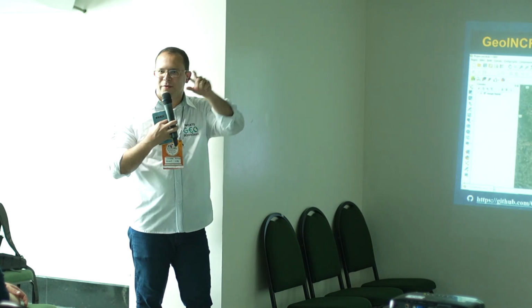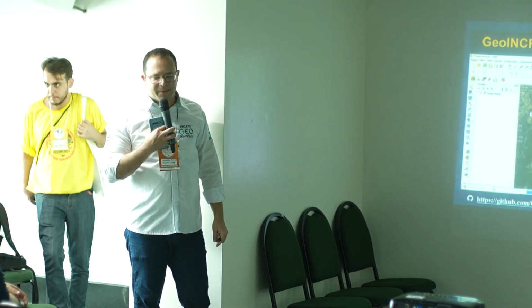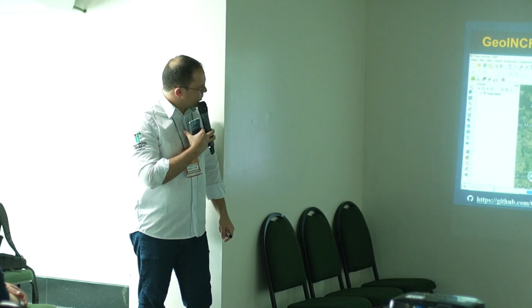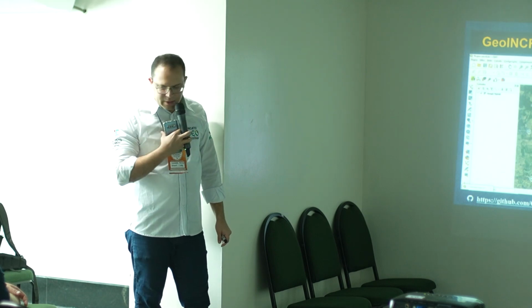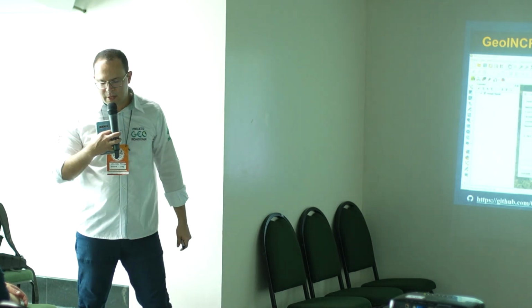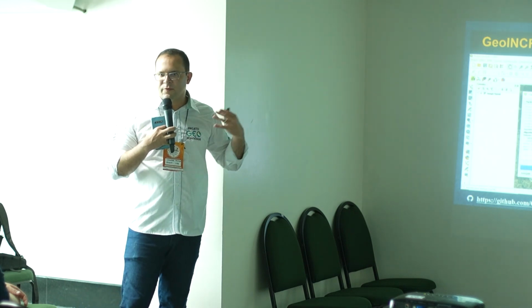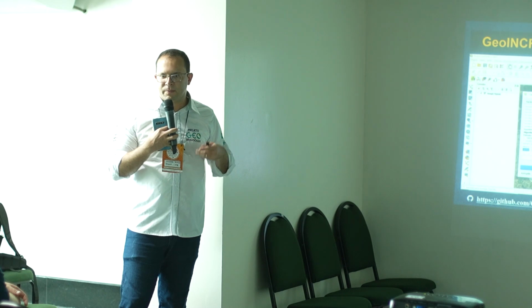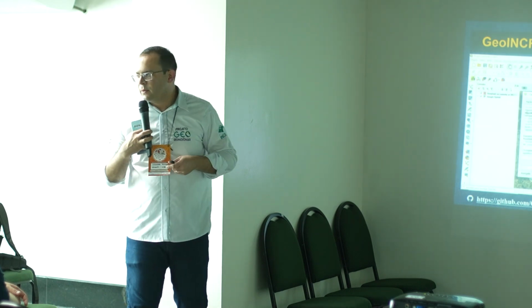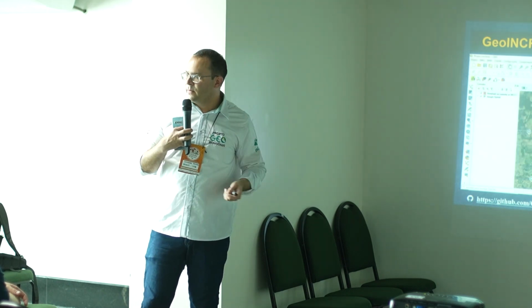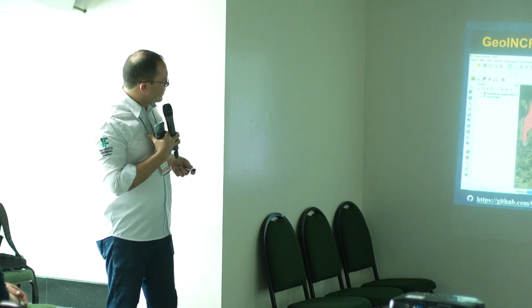Just draw a rectangle, and you can see the rural properties and all the attributes in the attribute table. We can download other information about the technical responsible for the survey. This is very important.